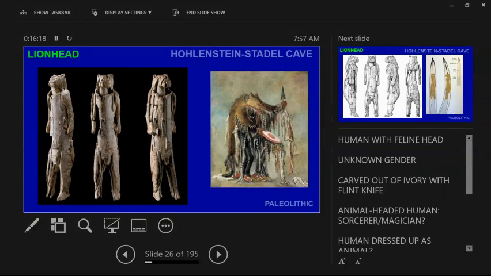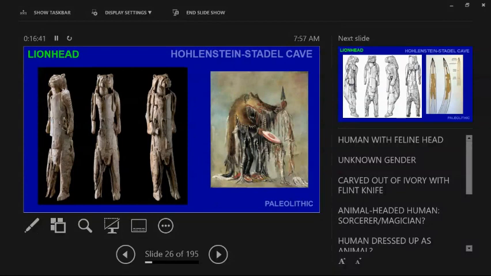It's called Lion Head. It is a human with a feline head, like a lion head or a cougar head or something.